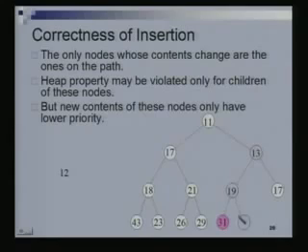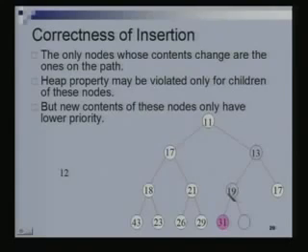But what are the new contents of 31, and what are the new contents of the parents of 31 and 17? The new content of this is 19. What is the new content of this going to be? If you recall, 19 was getting moved down, 13 was coming here and 12 was reaching there. So, the new content of this node is 13, which is only going to be less than this.